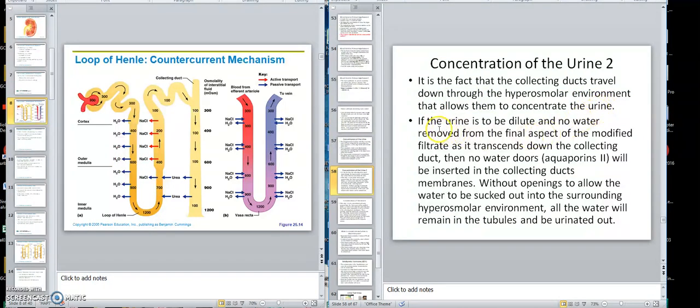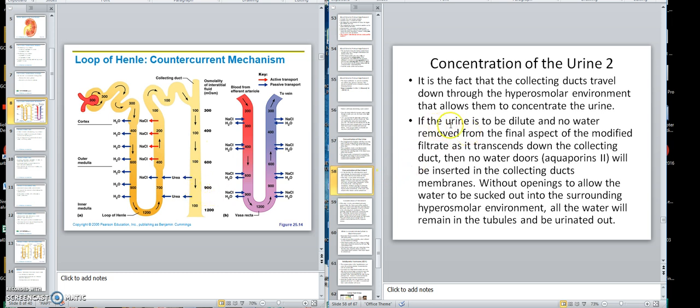Okay, here we go. If the urine is to be dilute and no water removed from the final aspect of the modified filtrate, why do I call it modified? Because previously you've already done reabsorption and secretion. So the filtrate initially was changed along the way as it descends down the collecting duct.